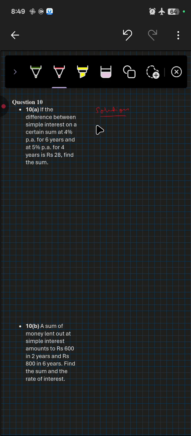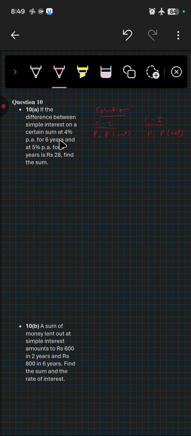So first simple interest, this is case 1, case 2. There are 2 cases. First case, what is it, difference between the simple interest on a certain sum, principal we don't know. Case 1, case 2, principal we don't know, let it be P.